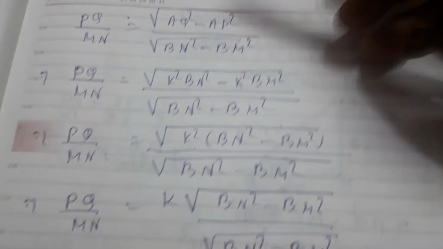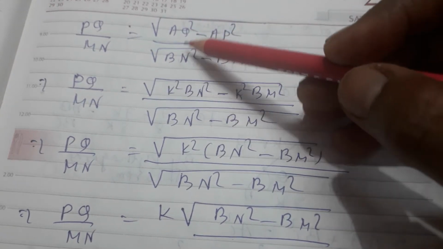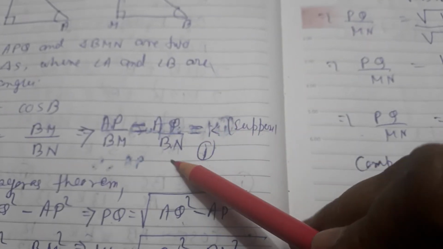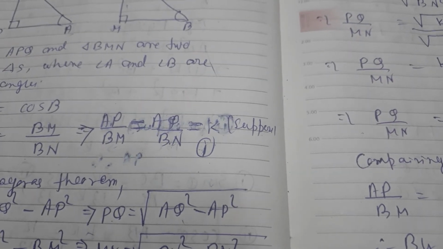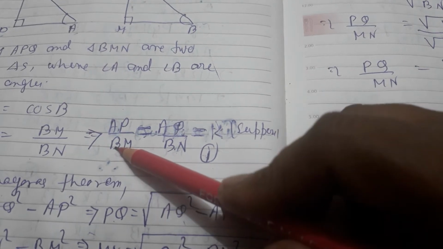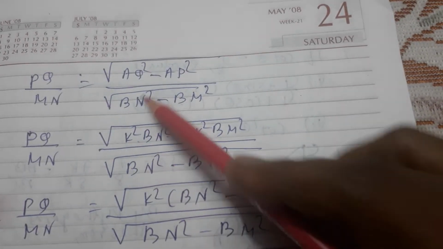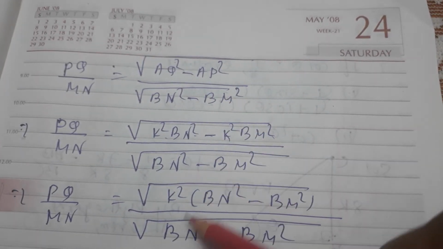Now you divide these two. PQ by MN equal to whatever you have got, you write here. And look here, AQ equal to K into BN. So you can write AQ square equal to K square BN square, and AP equal to K into BM by cross multiplication. So I have written here K square BN square, and AP square equal to K square BM square, and denominator no change.